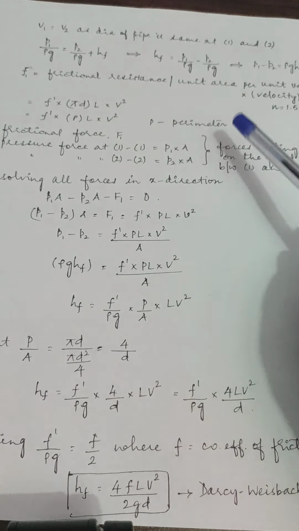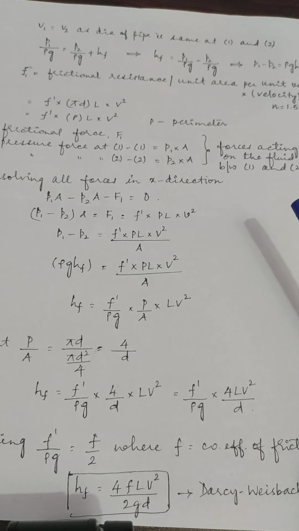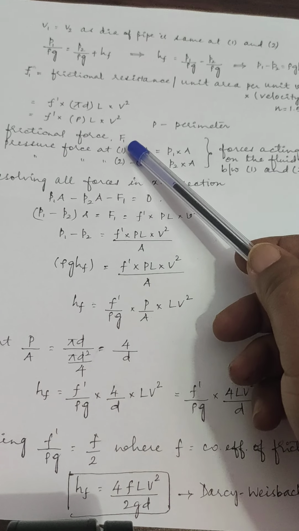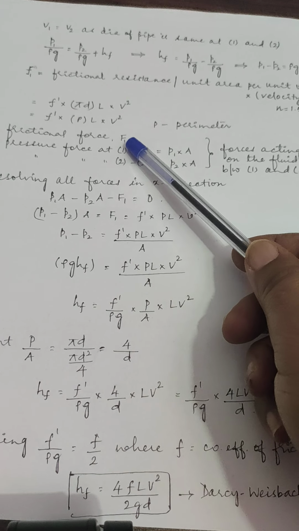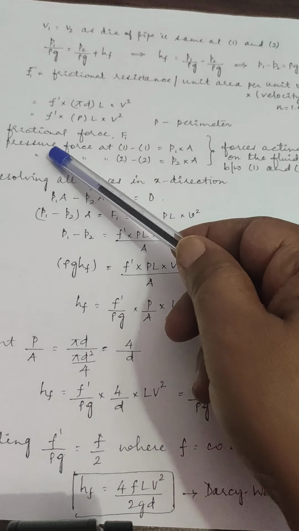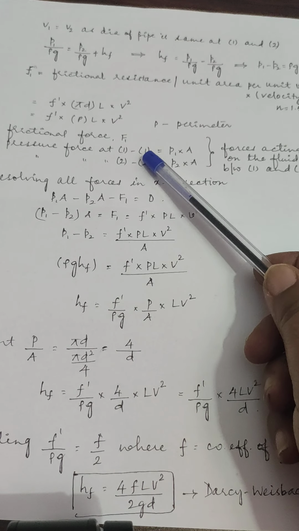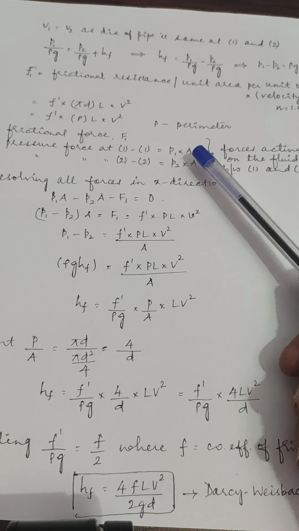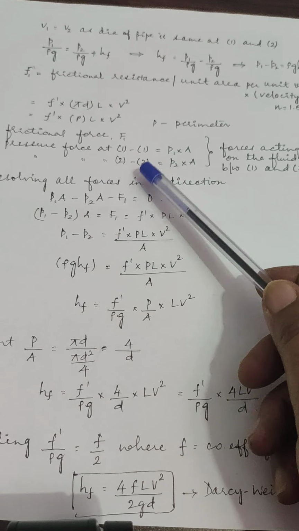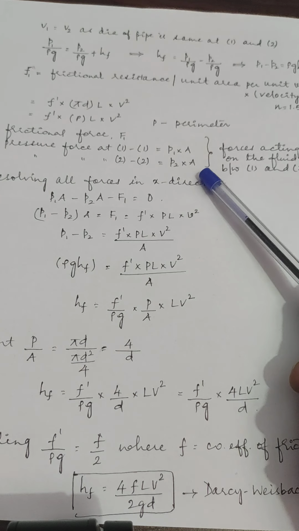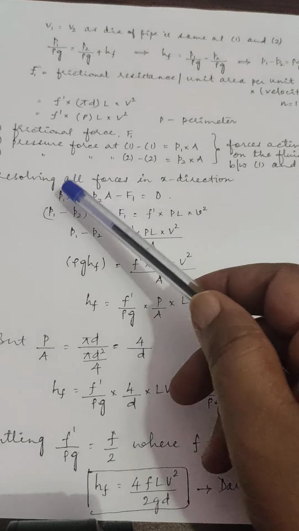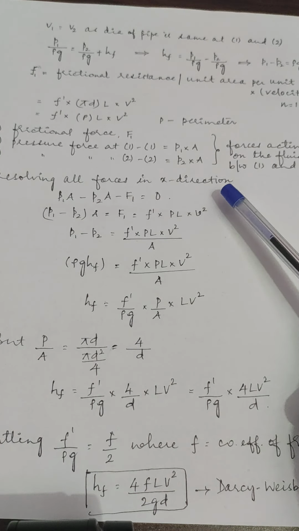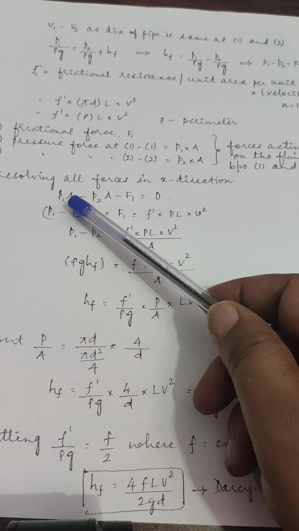L into V square. Now the three forces acting on the fluid between the two sections 1 and 2 are nothing but the frictional force F1 that is taking place against the flow, the pressure force at section 1, that is nothing but pressure P1 into area A, and the pressure force at section 2, that is nothing but P2 into A. Now resolving all the forces in x direction, we have P1A.